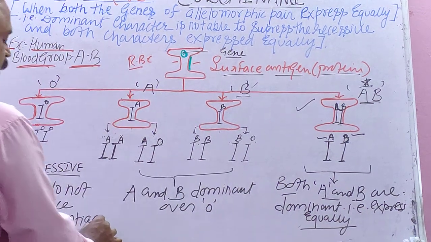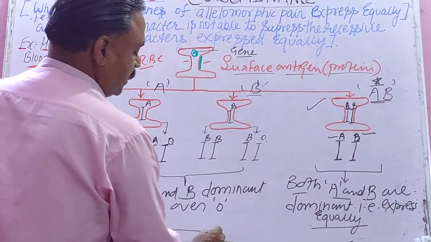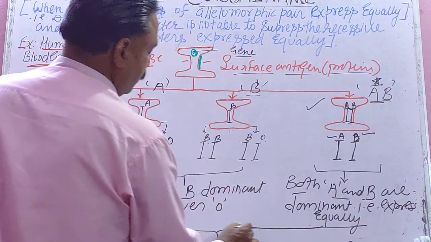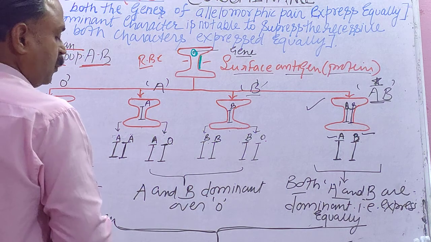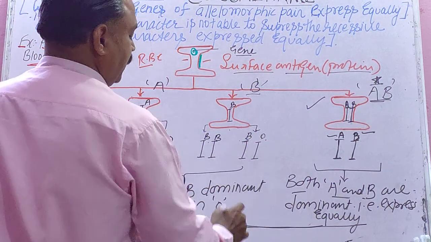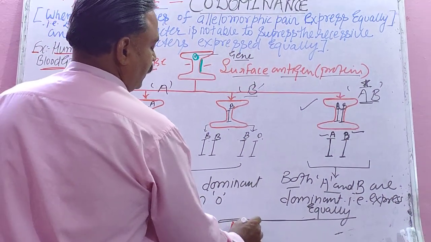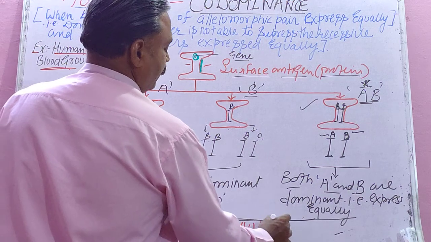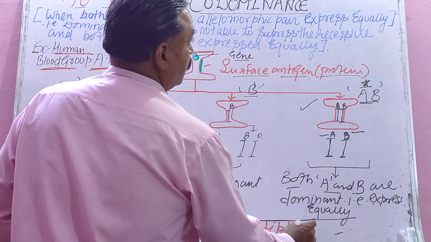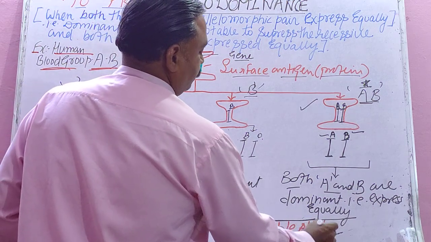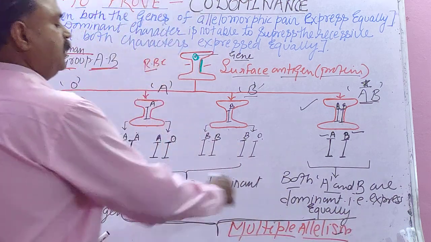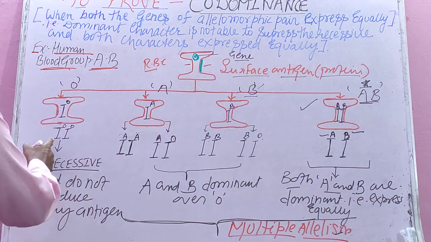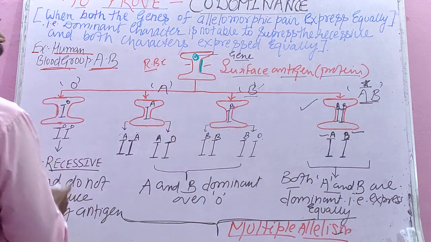And fortunately, student, the same explanation of this question gives you the idea of one question called explain multiple allelism. Whatever I have explained here, the same thing we have to study in multiple allelism, because here many alleles are there, multiple.